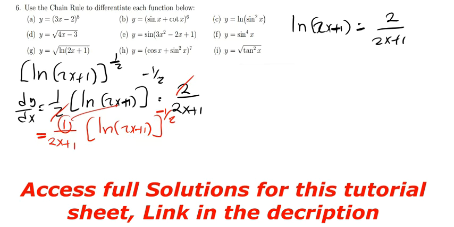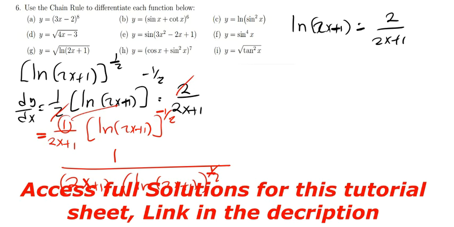So it will be 1 divided by 2x plus 1, like that, then ln 2x plus 1 raised to the power now half, of which negative has now gone.